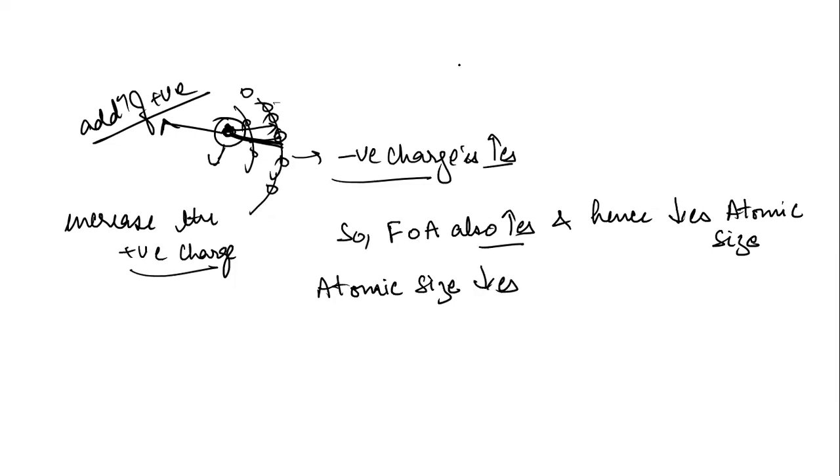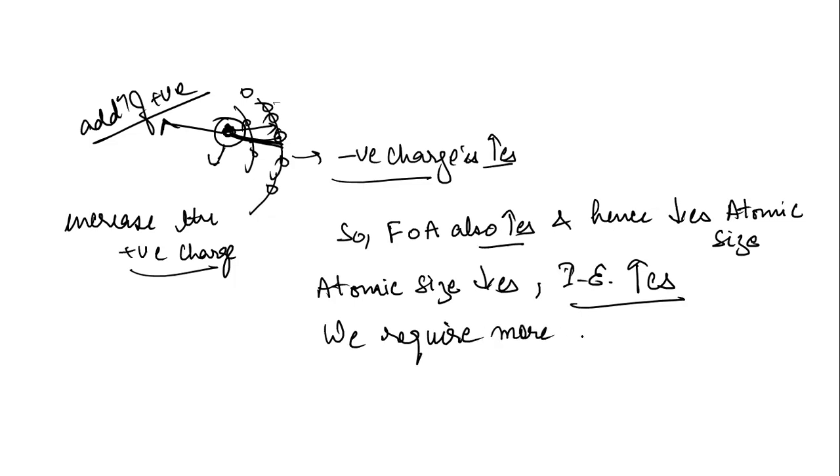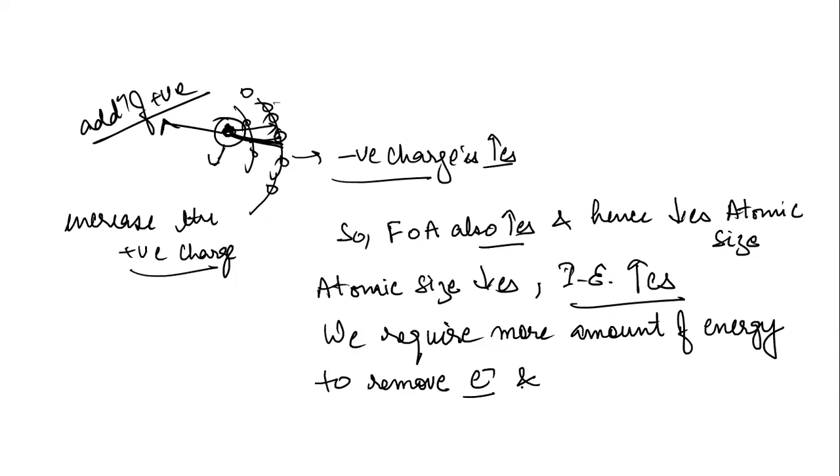Now we all know that as the atomic size decreases, ionization energy increases. So we require more energy to remove the electron, and hence we can say ionization energy increases.